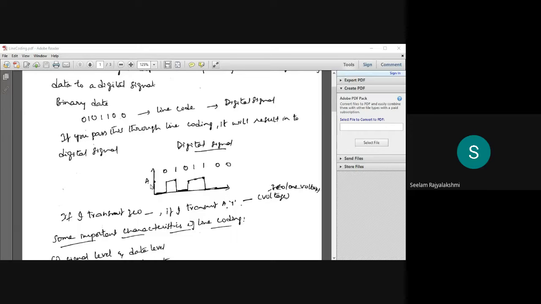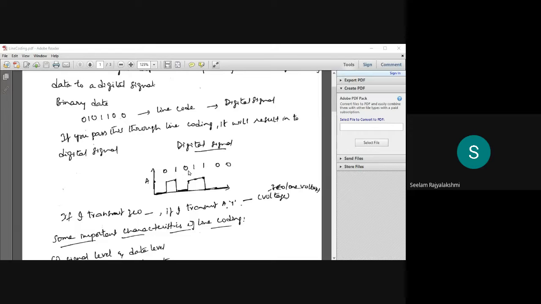Here the amplitude is constant, and we have the binary data zeros and ones. If I transmit 0, with the constant amplitude A, it stays at 0. If I pass 1 voltage through this amplitude A, we obtain a pulse.